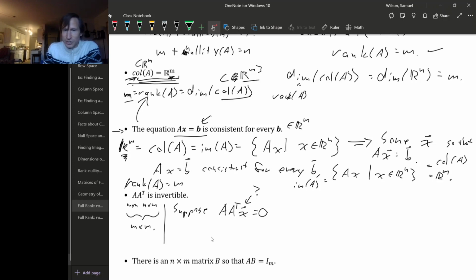Let's take this equation and multiply on the left by x transpose. If we multiply both sides on the left by x transpose, we get x transpose times A transpose times x equals, well, this is a 0 vector. When you multiply the 0 vector on the left by x transpose, you get the scalar 0.